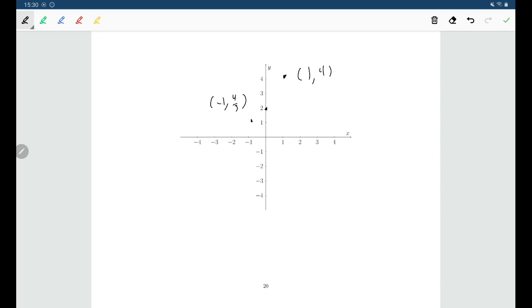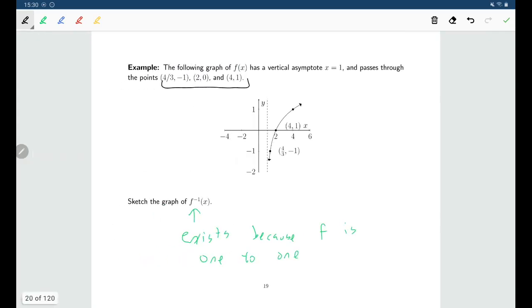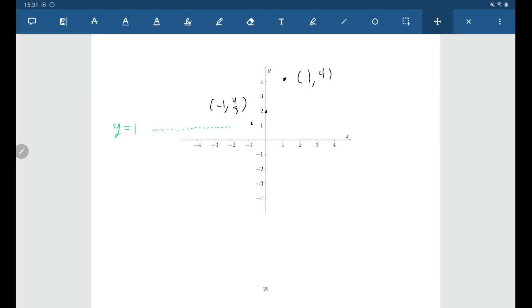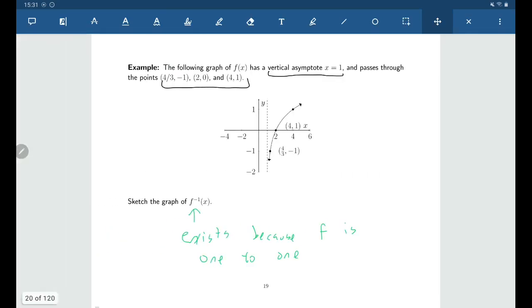There we go. The other part is, again, it's going to switch all of our x and y properties. You have a vertical asymptote x equals 1 on our graph of f, so f inverse should have a horizontal asymptote of y equals 1. Also, if we're thinking in terms of domains and ranges, that gets switched as well.